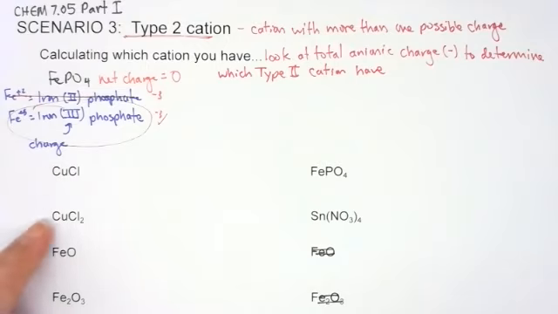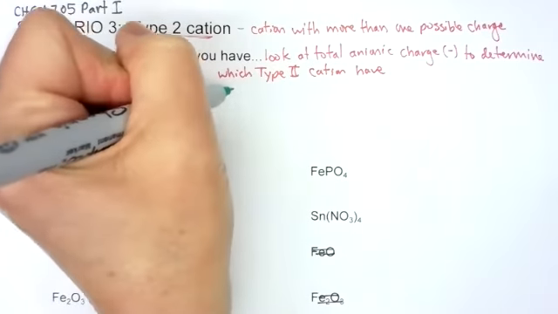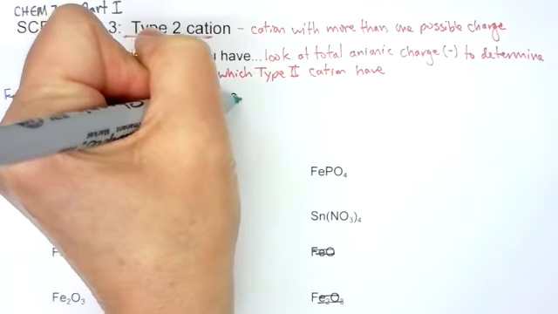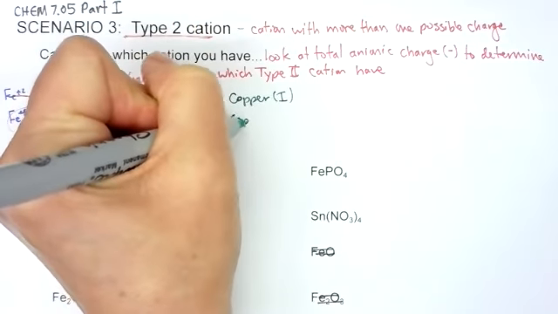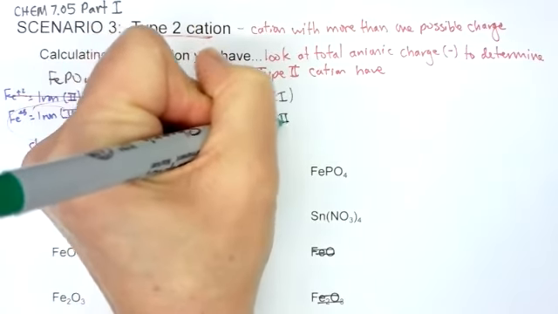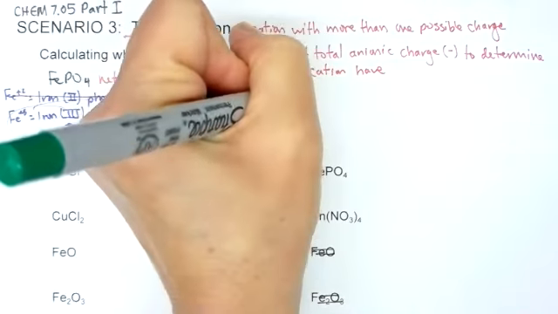All right, let's work on these 2 copper chlorides. Copper can be copper 1, or I can have copper 2. And these are both chloride compounds.